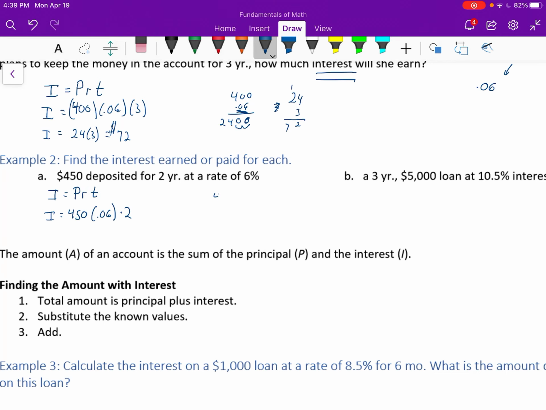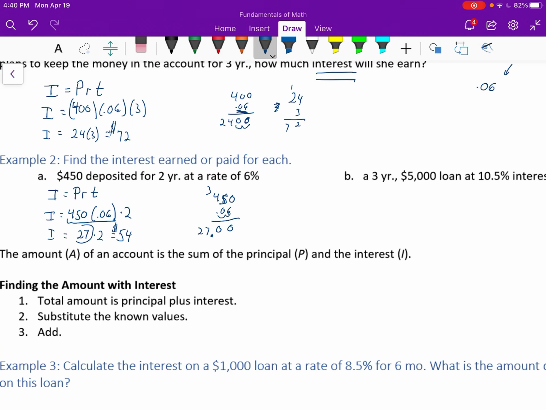So we have 450 times 0.06. We multiply that, we get 0, 30, so we put this 3 up there, and 27. That's a 50. Once again, we move the decimal over 2 places. So that was 27 times 2, which is $54.